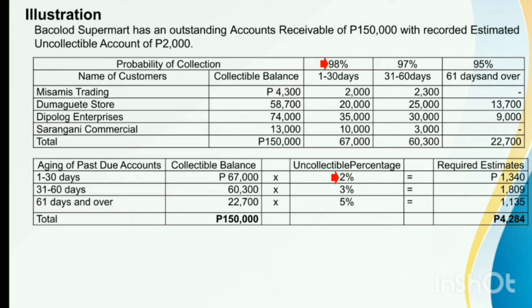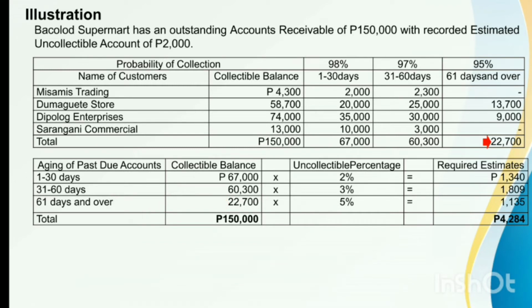And then next, accounts receivable past due for 31 to 60 days, the amount of which is 60,300 pesos, and then multiplied by 3%, the uncollectible percentage. So the answer to that is 1,809. And lastly, accounts receivable past due for 61 days and over, 22,700 pesos, multiplied by the uncollectible percentage of 5%.